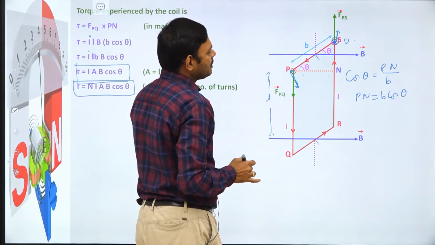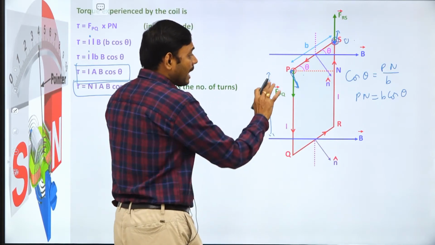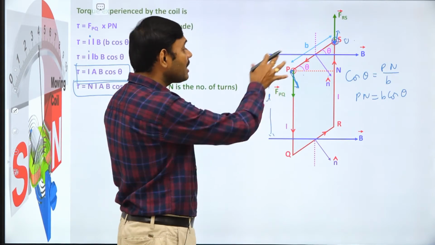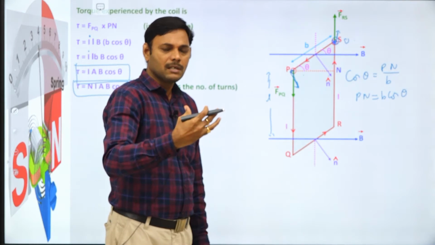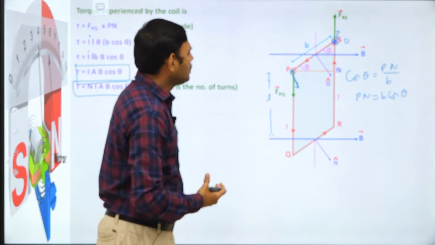This is the normal, n cap, which is also the direction of the area of cross section of the coil. Area is a vector whose direction is perpendicular to the plane of the coil.